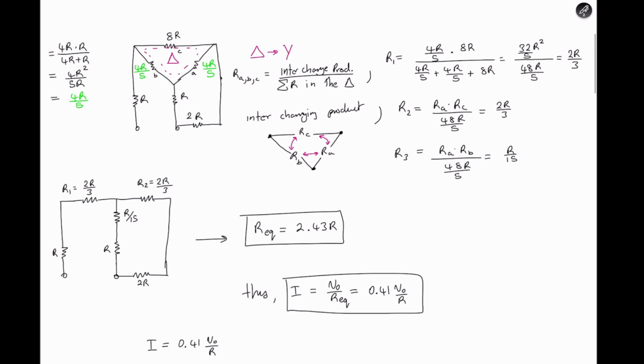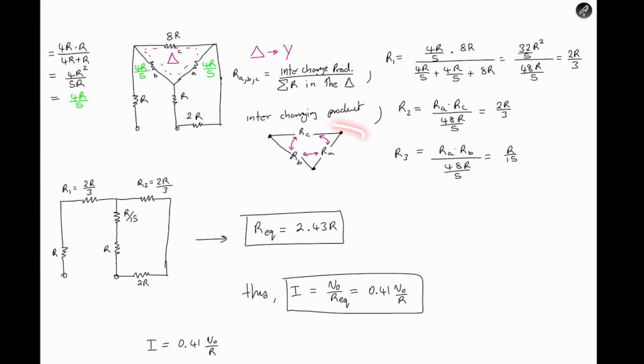We then move on. We now see that we have a delta configuration, and to further simplify the circuit, a Y configuration would be more applicable. This is because if we had a Y configuration, we could then simplify the circuit much further. So in the delta to Y, I call the numerator the interchanging products, and on the bottom I call that the sum of the resistors in the delta.